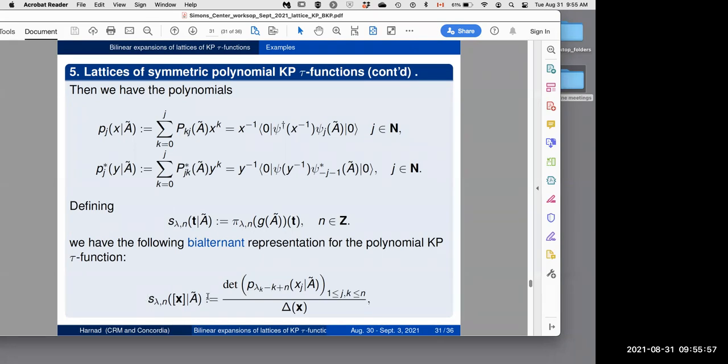These are all KP tau functions. They're labeled as usual by the lattice of partitions. And what enters, this is a bi-alternate, it is the same Vandermonde determinant of the denominator, but the numerator is also an alternate.